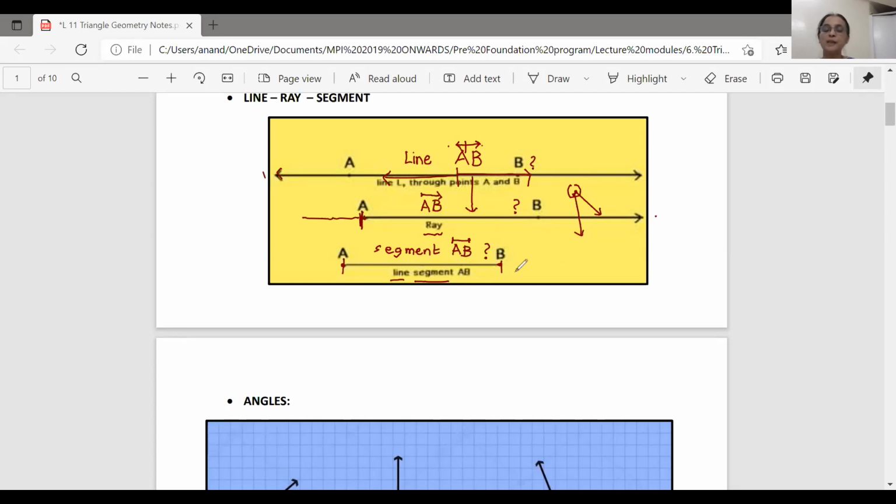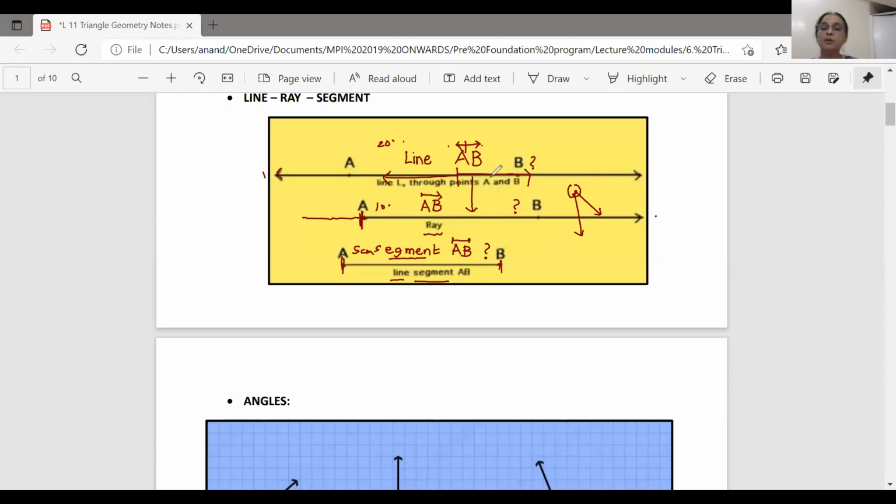Out of these three, for which can I definitely say that yes, I can put a scale and say this is 5 centimeters? Can I say this is 100 centimeters? Can I say this is 200 centimeters? No. So it is only the segment for which I can give a definite length. A ray doesn't have a length. A line also doesn't have a specific length. It is indefinite on both sides.